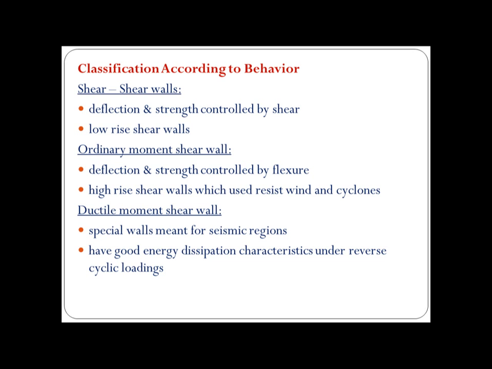Ductile moment shear wall. These are used for seismic resistant buildings, and they have to be designed for good energy dissipation under reverse cyclic loadings. So ductility comes into the picture here, and we need to go for ductile detailing.